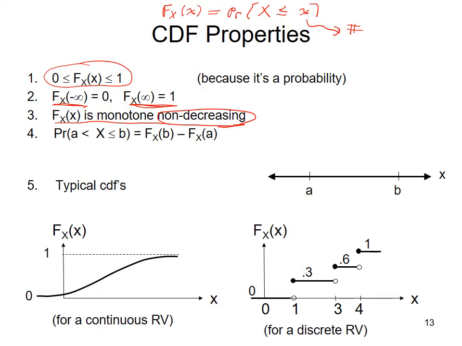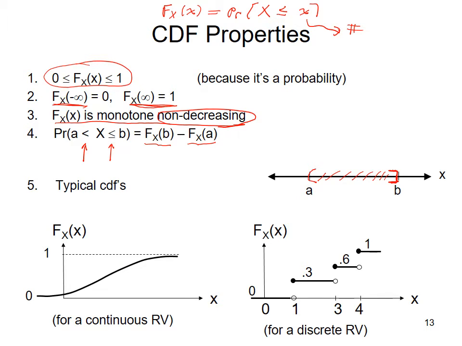The claim is that if I want the probability that X is between a and b, and it's extremely important here that we're not including the left-hand endpoint a, but we are including the right-hand endpoint b, in other words, I'm asking for the probability of being between a and b, including the b but not the a, so I really want all this probability in between, then we should take F_X of b and subtract off F_X of a.